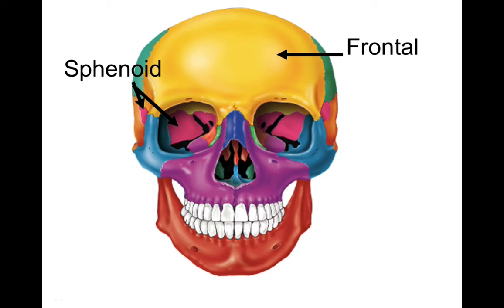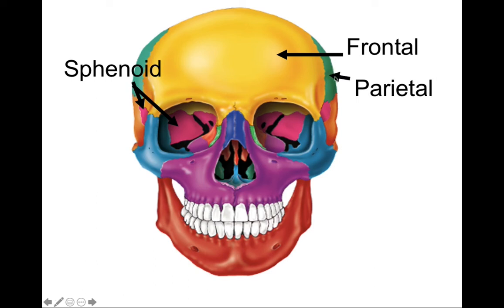One of the best ways to view the sphenoid bone is from a superior view, and in order to get that view, we have to shave off the top part of the cranium and we'll be looking inside of the cranial cavity. I will elaborate much further on the sphenoid bone on later slides, but for now, just focus on getting these bones identified. The third set of bones that we're going to see on the skull are the parietal bones.